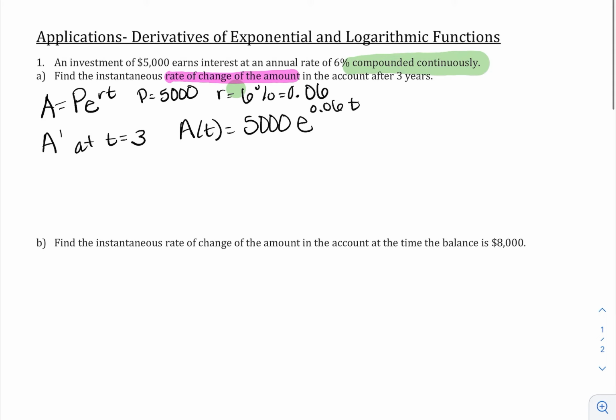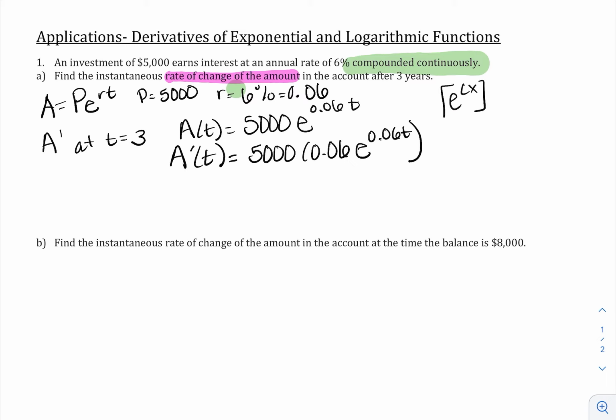So we have that A prime of t is equal to 5,000. And then the derivative of e to the 0.06t is going to be 0.06e to the 0.06t. And I'll write that here because the derivative of e to the cx is ce to the cx. And in this situation, c is a decimal, so it kind of looks weird, but it's okay.